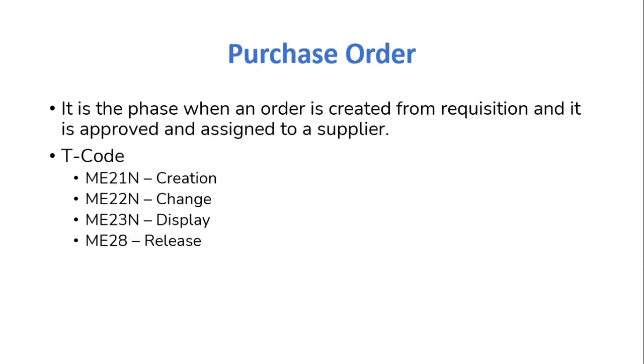It is the phase when an order is created from the requisition, approved and assigned to the supplier. So once the PR is received from the planning team, we create a purchase order in the system based on the vendor. Means based on the material, we will assign the particular vendor.